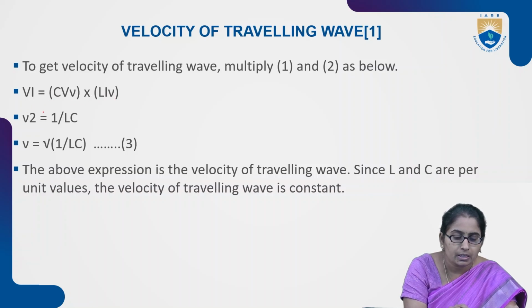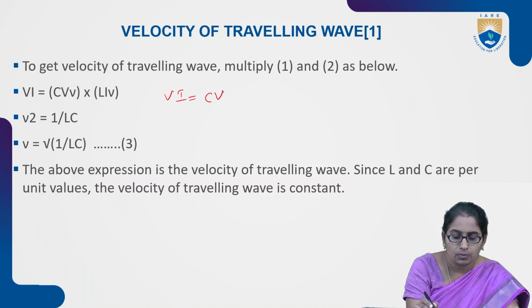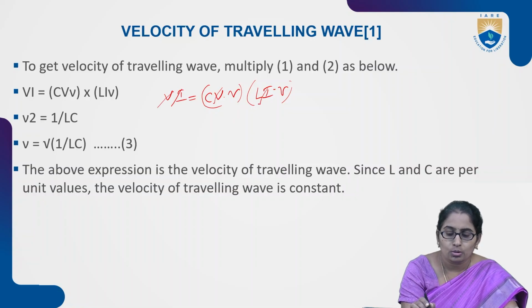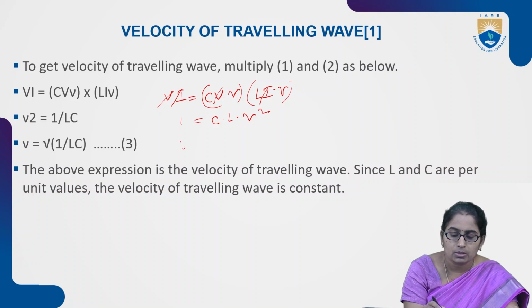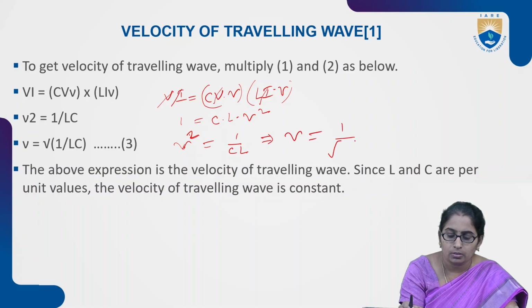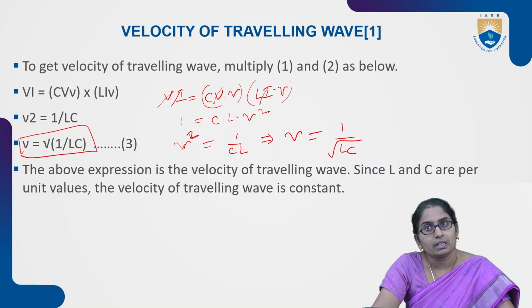On the left side and right side, we cancel capital V and capital I. So we get C into L into v square equal to 1, so velocity square is equal to 1 by C L. So small v is equal to square root of 1 by L C. Say that equation number 3.